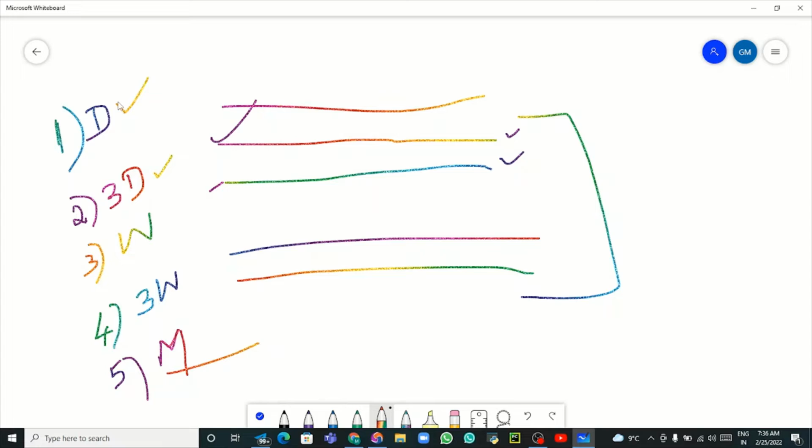By default, you start with the D. If the market is more volatile, then instead of following D, you can straight away follow the 3D. Then the next reversal point will be at weekly, the next reversal point will be 3W, and the next reversal will be monthly. Clear? So this is our concept.